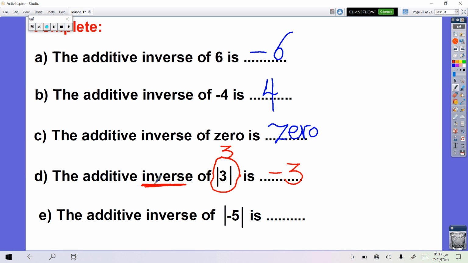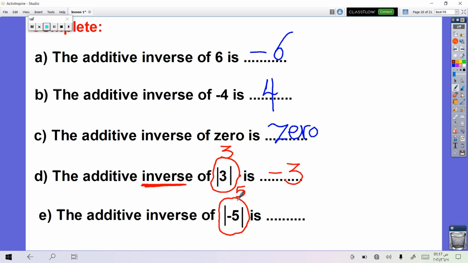The additive inverse of absolute negative 5. First we have to find the result of absolute negative 5. As we said before, in absolute value we ignore the negative sign and the result is always positive, as it's related to distance. So here absolute negative 5 will be equal to 5.